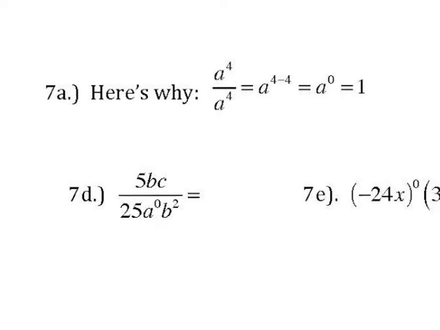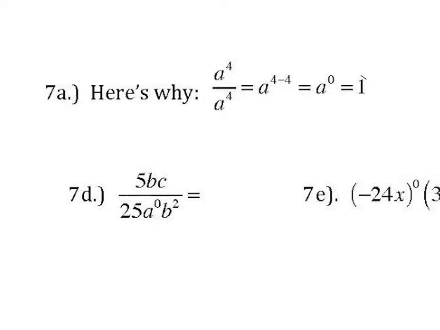What's a to the 4 over a to the 4? It's the same as a to the 4 minus 4, which is a to the 0. Would it be 1? It is 1. They're just demonstrating the point. Why is a to the 0 equal to 1? Because a to the 4 minus 4 is 0.